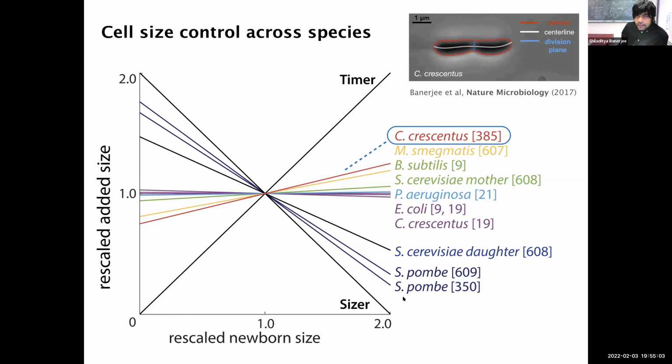Especially, we studied a lot about this special organism called Caulobacter crescentus, which has a very interesting curved geometry, and I'll come back to it later about geometry and shape, which I think is very interesting. It has a mixture of both timer and adder components. So different organisms can do different things, okay? There is a lot of variability among species, but overall, this general model seems to work for most organisms. Any questions so far?